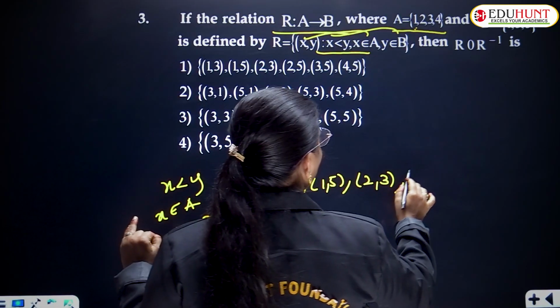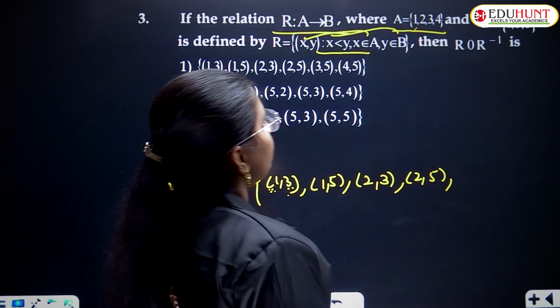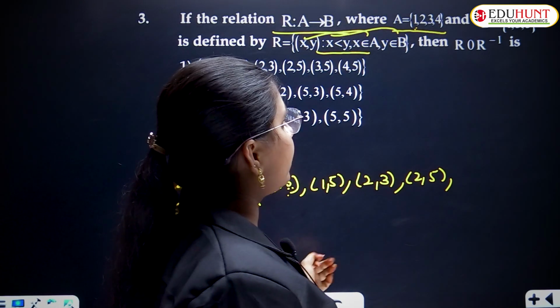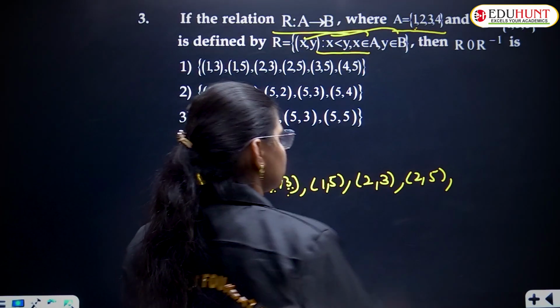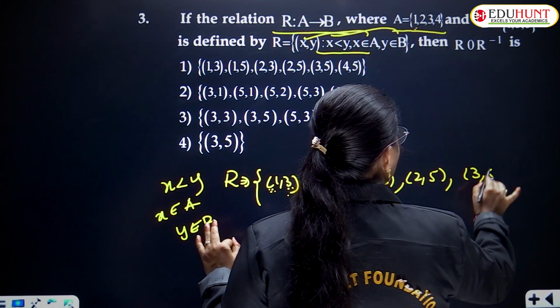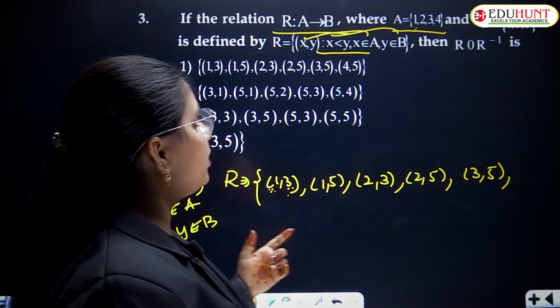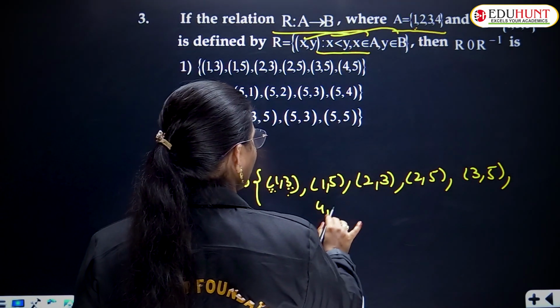Next 2 5 is also possible. Next 3 1 not possible because x is greater. 3 3 not possible, equal. 3 5 possible. Next 4 1 not possible. 4 3 not possible. 4 5 is possible.